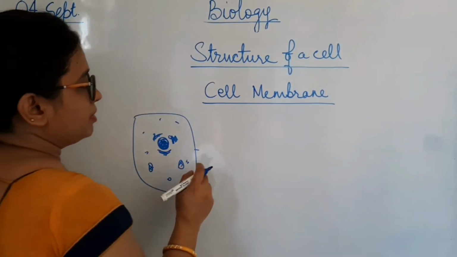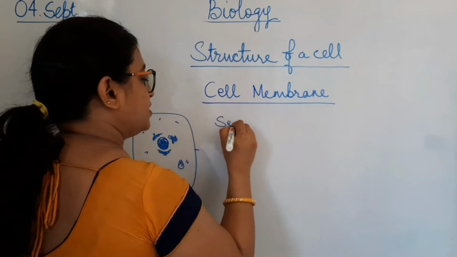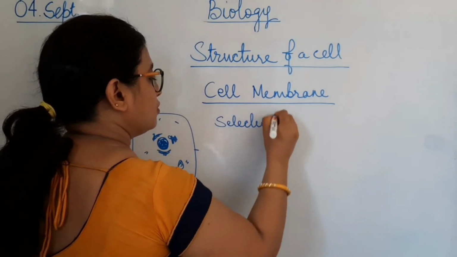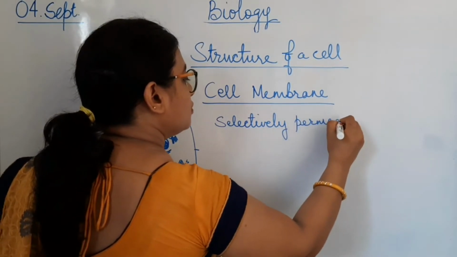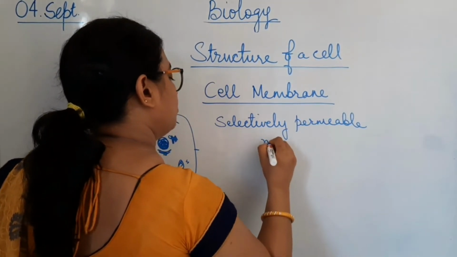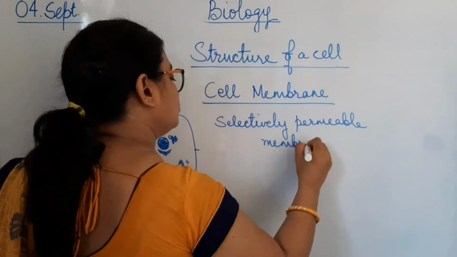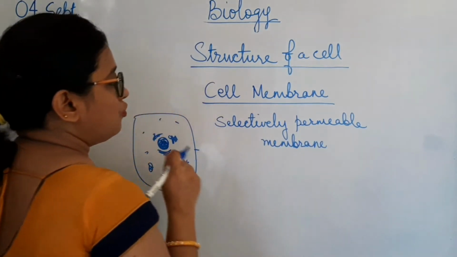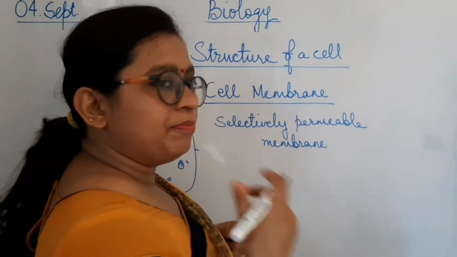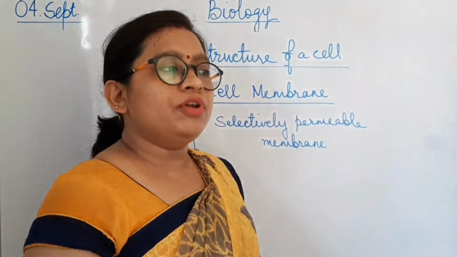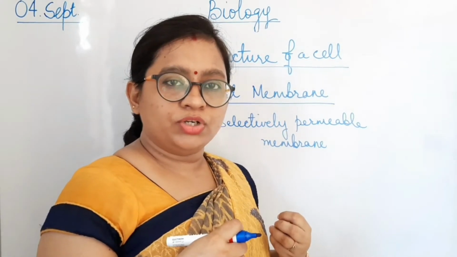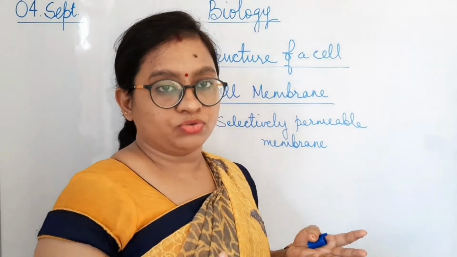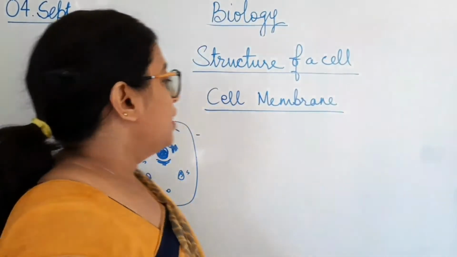So this cell membrane is actually a selectively permeable membrane. Now what is meant by a selectively permeable membrane? When we take a membrane, it may allow something to pass through it, or it may not allow anything to pass through it. So let's look into the function of the cell membrane.